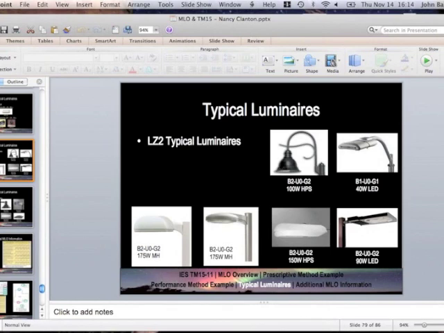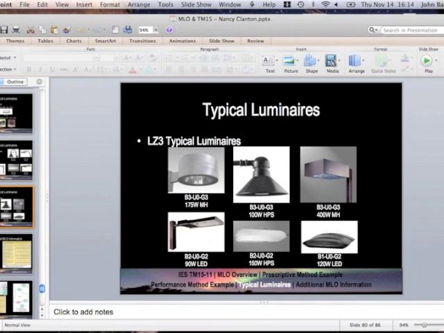You have to look at the photometric data, get the information from the luminaire manufacturer, the cut sheet, or you are welcome to calculate the BUG ratings on your own with the photometric data in IES format and some of the free programs that are available to do this. Here are some typical luminaires for lighting zone 3. The only big difference is that the wattage or the light output starts increasing. And once you begin to work with different luminaire types, you'll begin to understand the different BUG ratings for the different types of luminaires.